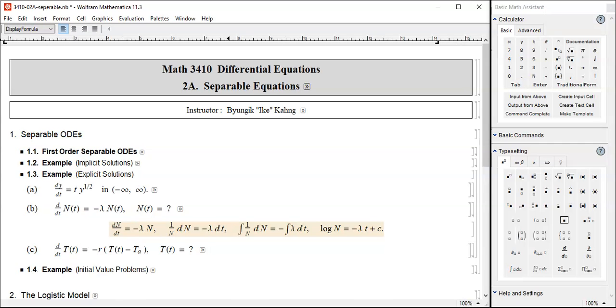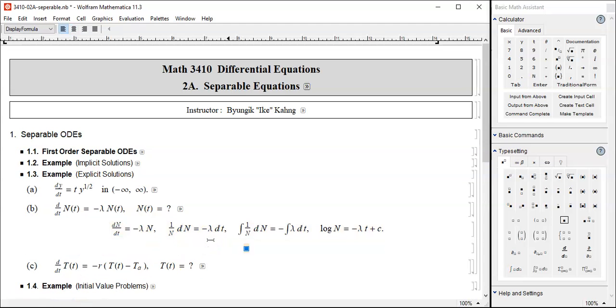By the way, do we have to worry about absolute value here, or the inside of the logarithm becoming negative? In this case, no. This one comes from the radioactive decay model, and capital N is the number of molecules, in terms of moles, and that's always positive. So I don't have to deal with negative numbers there. For part C, yes we do. Okay, all right.